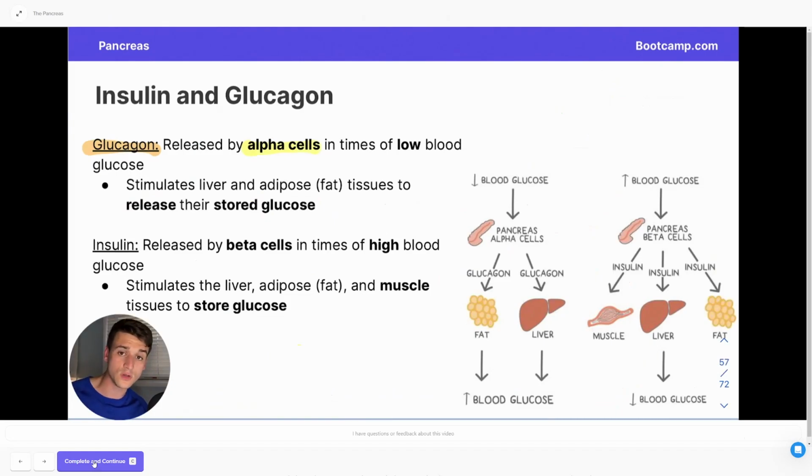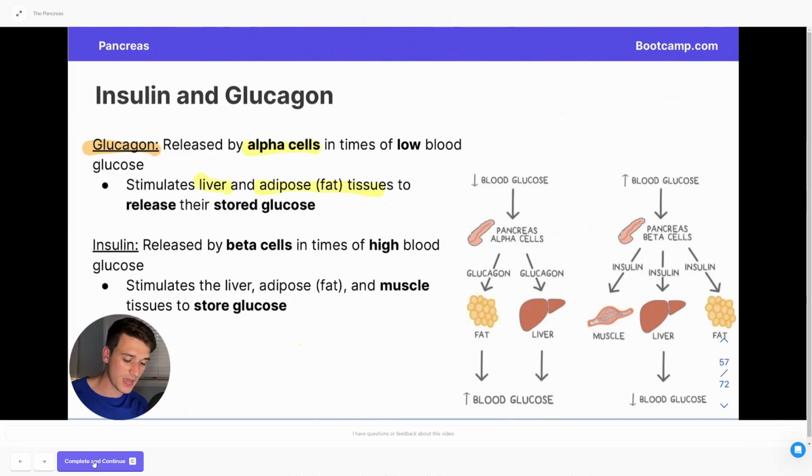And so what should we do in times of low blood glucose? Well, there's plenty of options to go ahead and tackle this issue, but the pancreas's favorite is asking other tissues to break down their glucose stores, specifically the liver and adipose or fat tissue. So glucagon from the pancreas will stimulate the liver and fat tissues to break down their glucose stores, freeing up that glucose and effectively increasing the blood glucose.